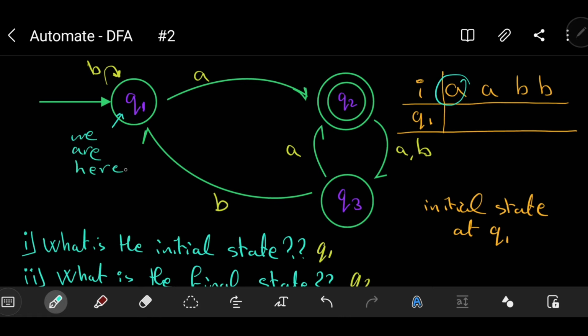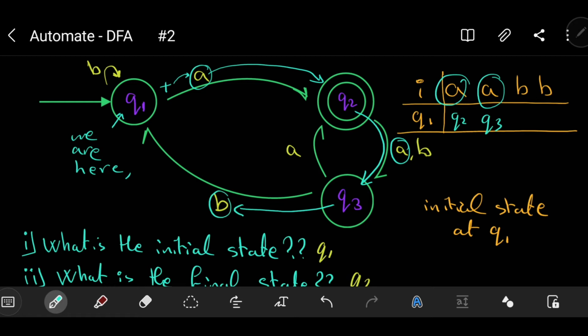We are here, pressing A, leading us to Q2. And Q2 with A, again we press A, it takes us to Q3. So this is Q3. Q3 with B gives us Q1.